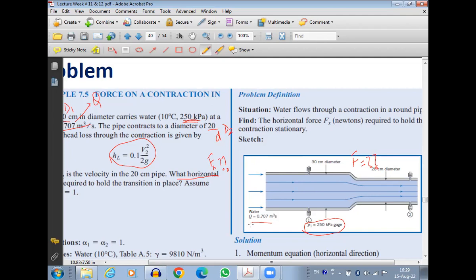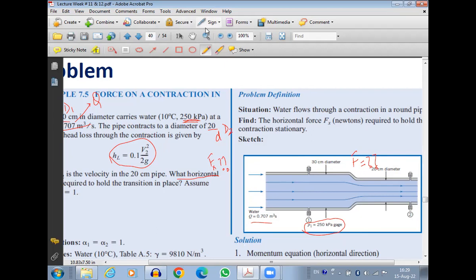When the fluid passes through this constricted area, it's going to push the pipe along with it. So there is definitely a force of the fluid acting on this constriction, and so the pipe needs to be held, or a counter force should be there to keep the pipe in place. So we need to find out how much the counter force should be. In that case, we need to find out how much is the force of the fluid acting on this pipe.